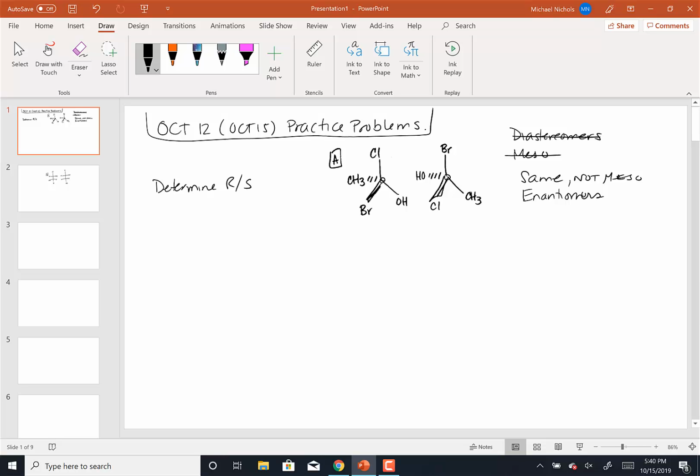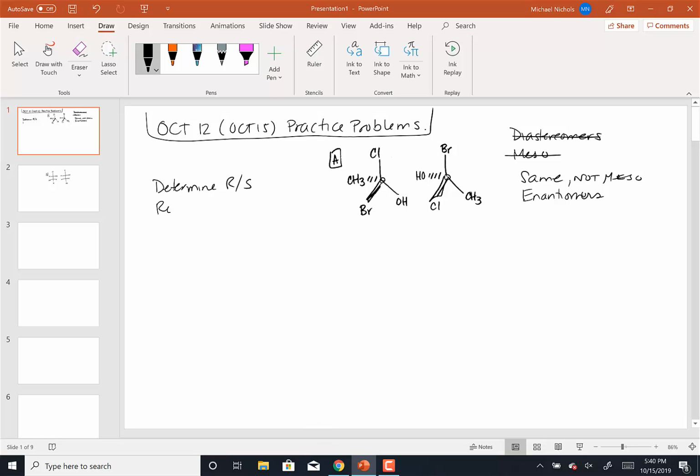The other way is to rotate the molecules into each other and see, do we get a mirror image? Do we line up only two groups but not all four? Can we line up all four groups?